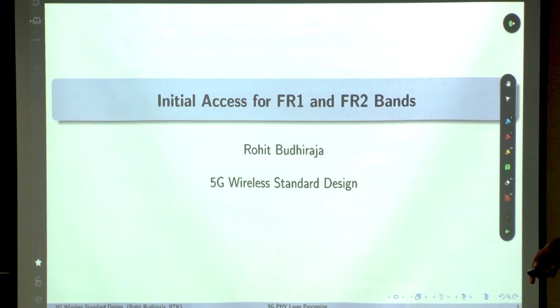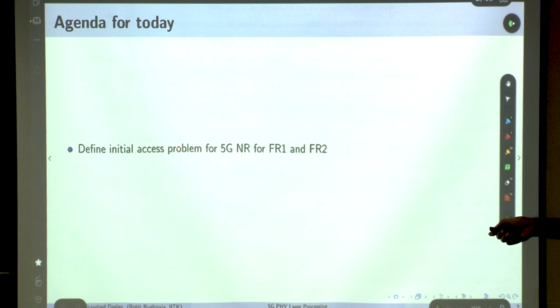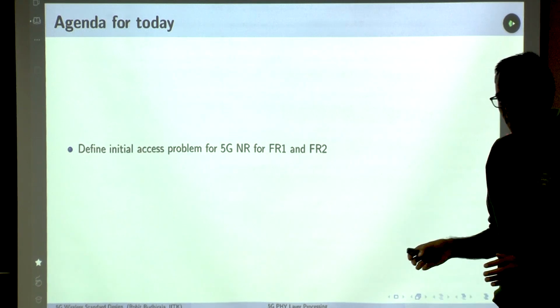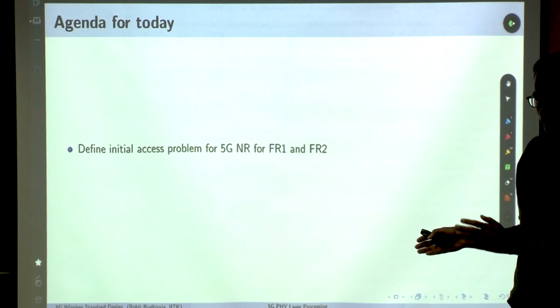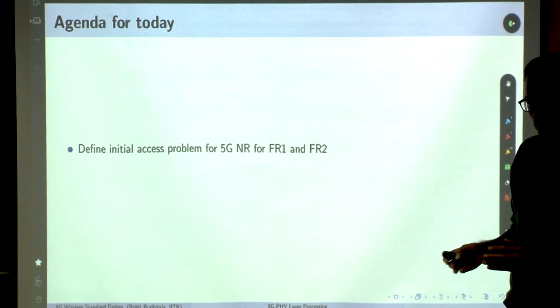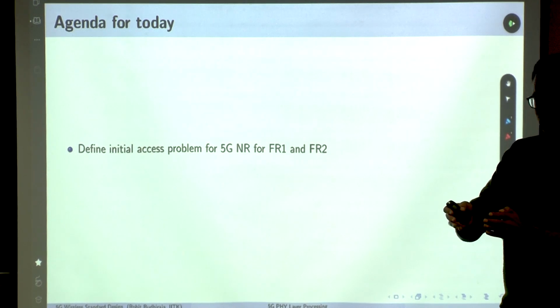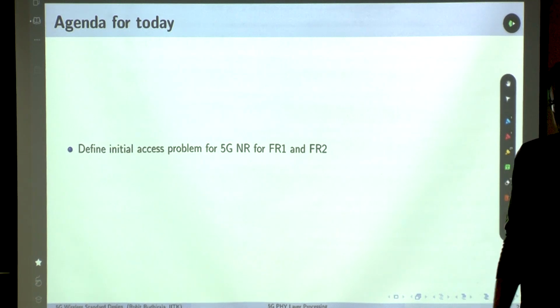What does initial access mean? First of all, we'll define this initial access problem for 5G NR, for FR1 and FR2 systems. Once I tell it to you, you will be able to appreciate that this is a common communication problem.